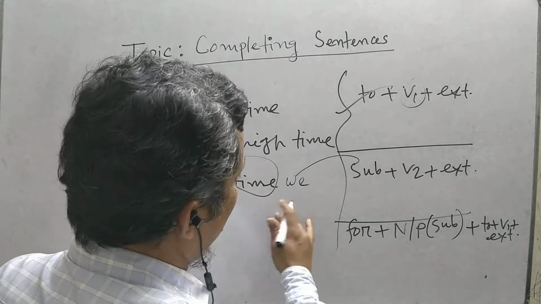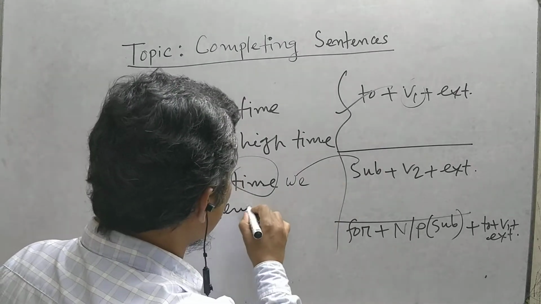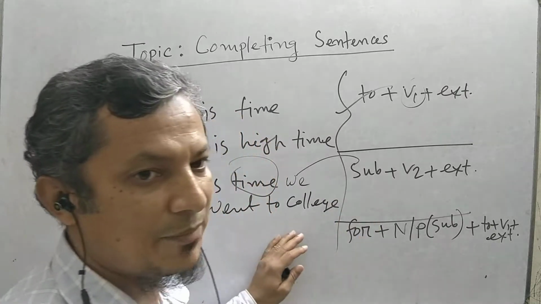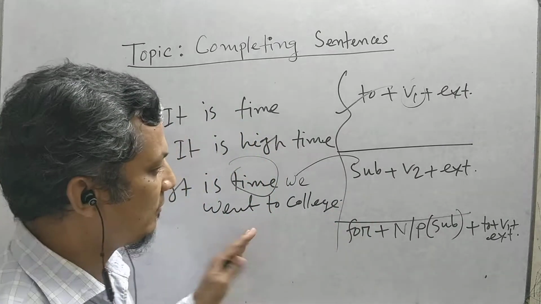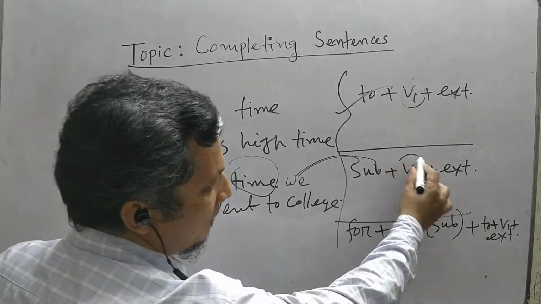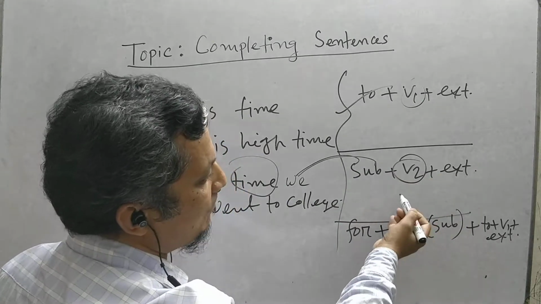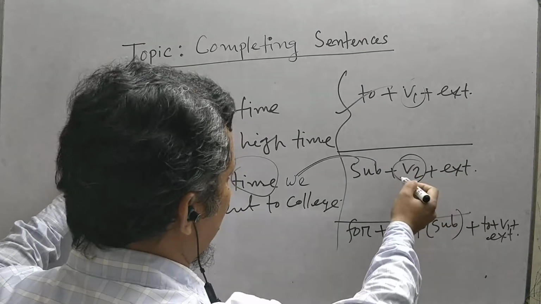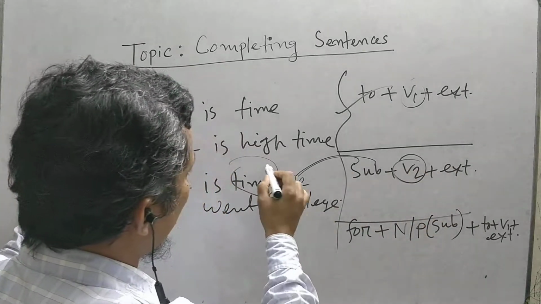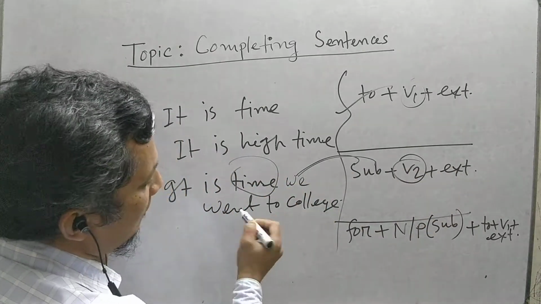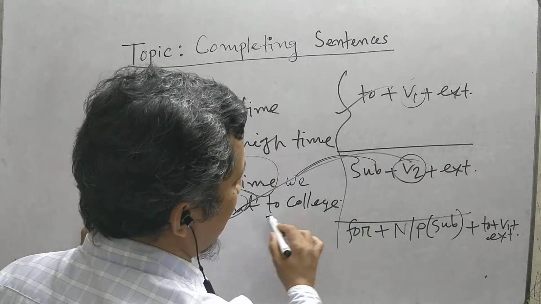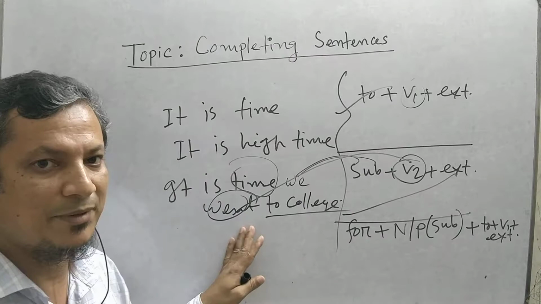So: it is time we went to college. Am I clear to you, my dear student? Here is the subject, then V2, the past form of the verb. The past form of go is went, and then the extension. Am I clear to you?